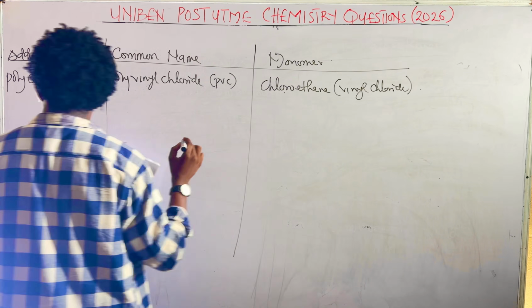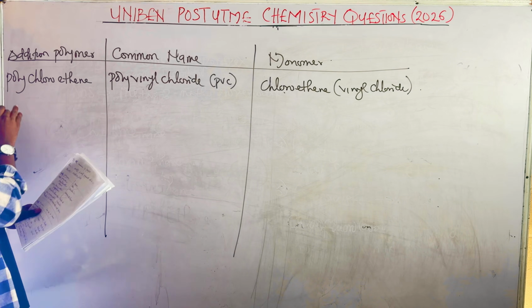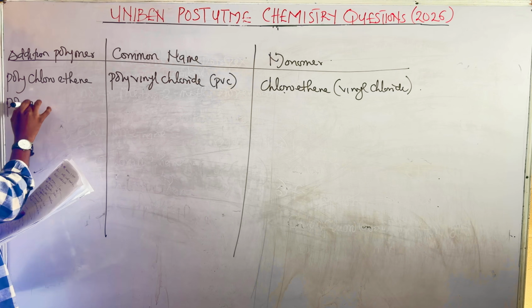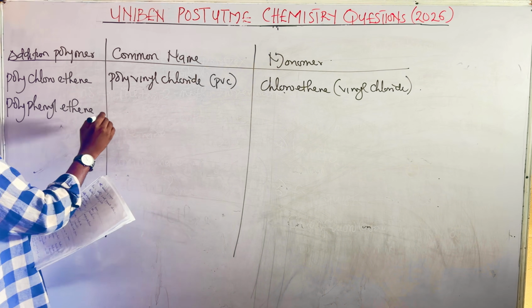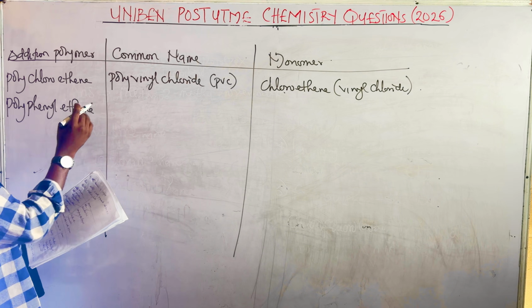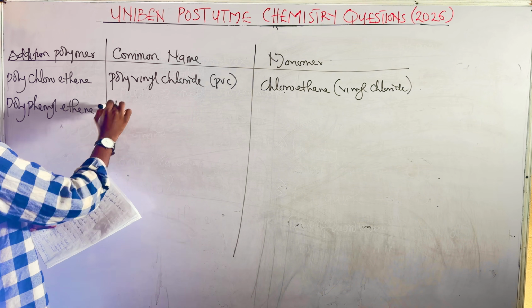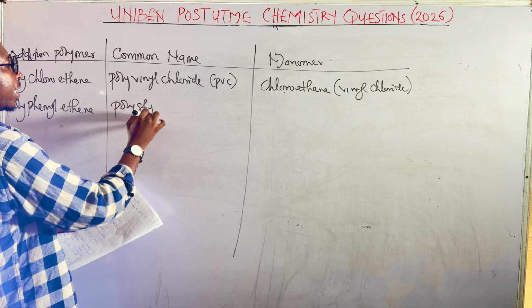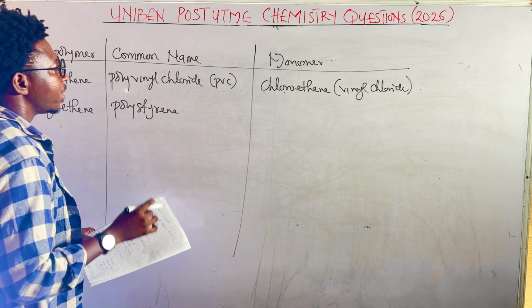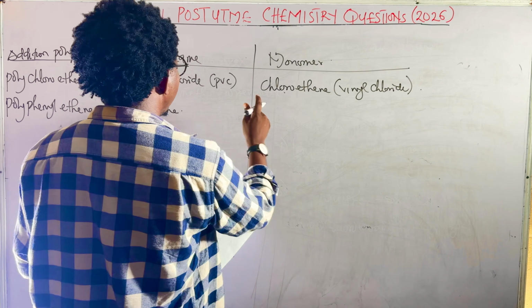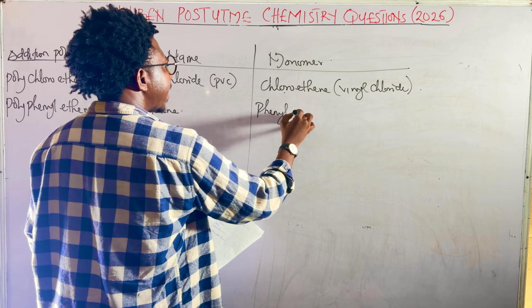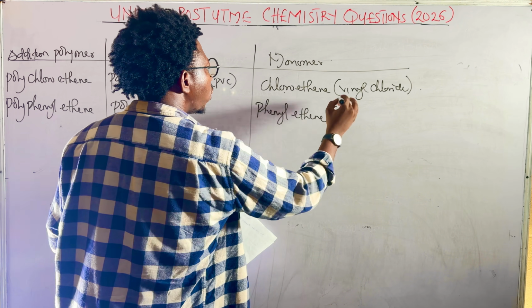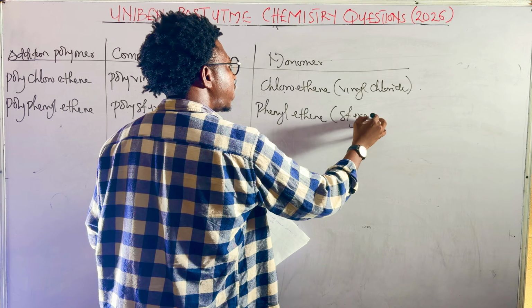Now, the next we should know is polyphenylethene. The common name is polystyrene. Now, the monomer is phenylethene, which we also call styrene.